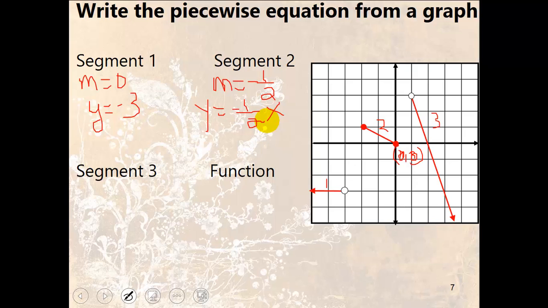All right, and then segment 3, again, I have negative slope. It's down 3 over 1, so my slope is equal to -3. And then I'm going to use the point, well, let's use this one. You know what? I can use 2, 0. Okay?